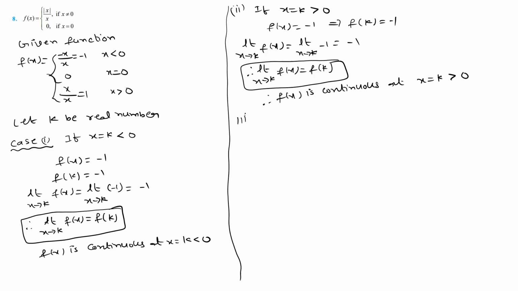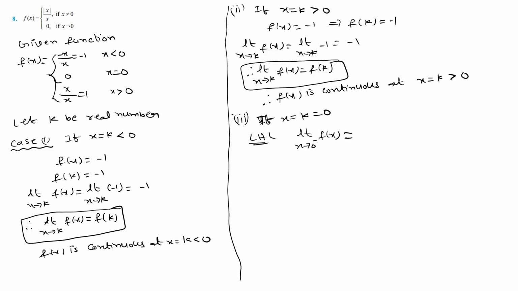Next, the third case is k equal to 0. If x equal to k, which is equal to 0, we get the left hand limit: limit x tends to 0 minus f of x.